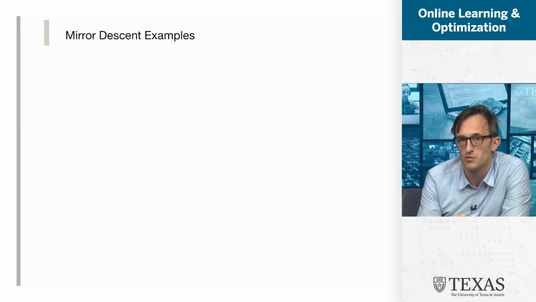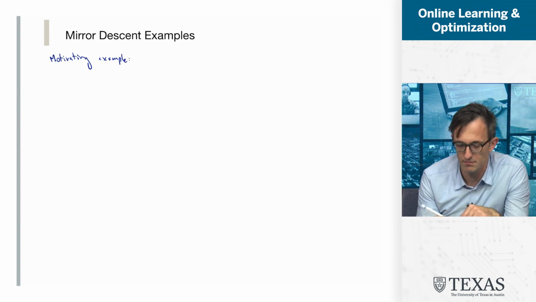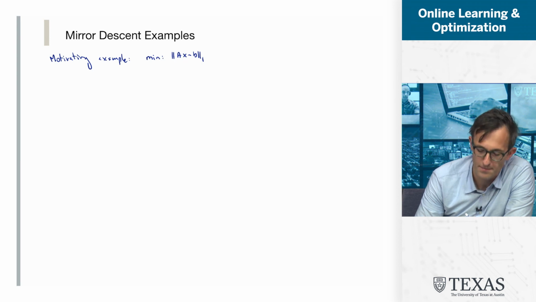So let's remember our motivating example. The concrete example is that of robust regression. Remember we wanted to minimize something like the one norm of Ax minus b.